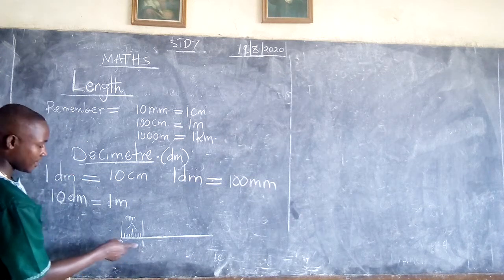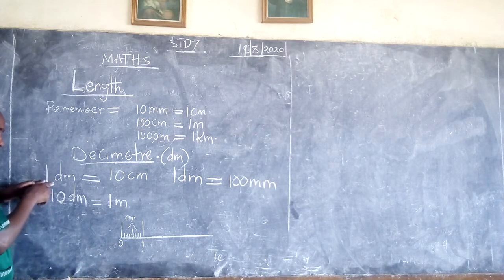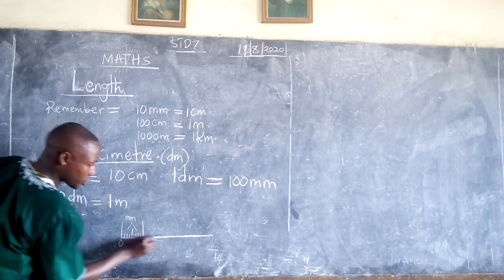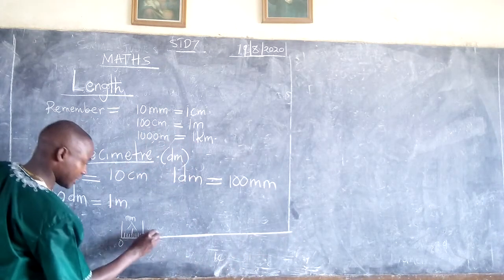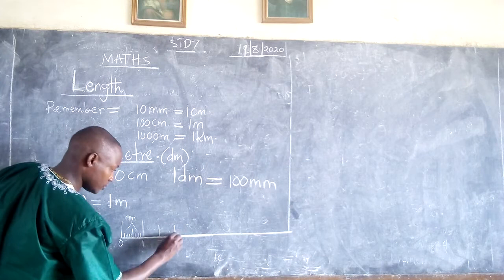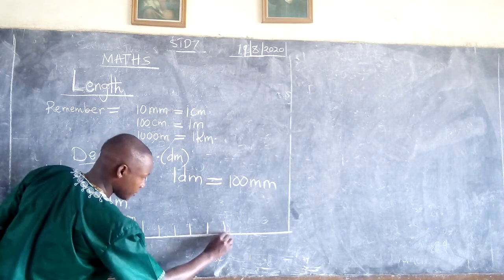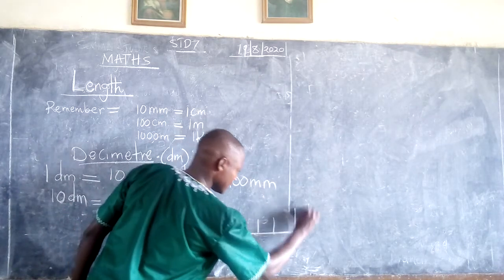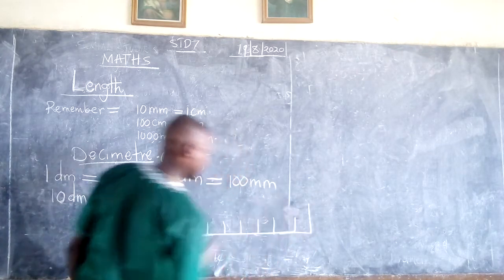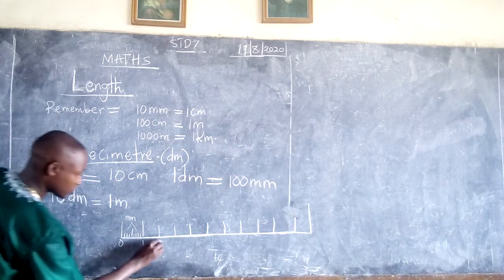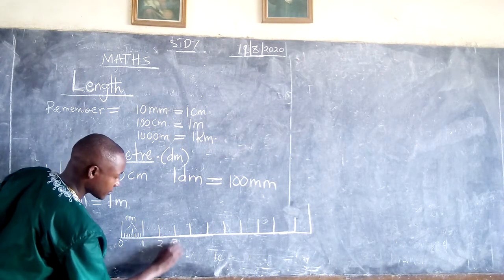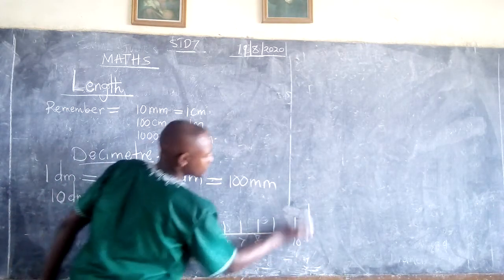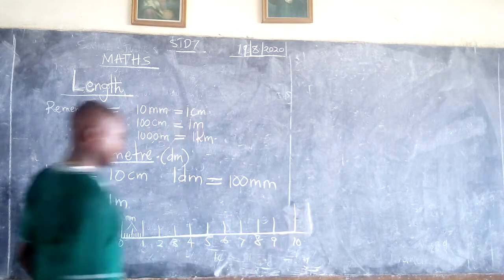So when I say 1 decimeter is equal to 10 centimeters, let us say these are 10 centimeters: 1, 2, 3, 4, 5, 6, 7, 8, 9, 10. Those are centimeters.